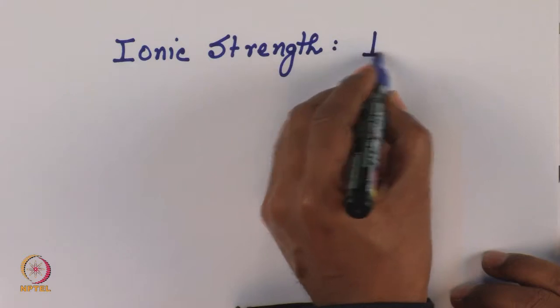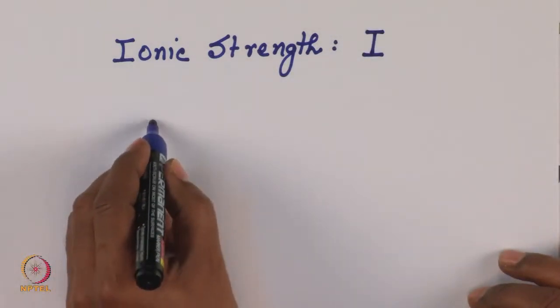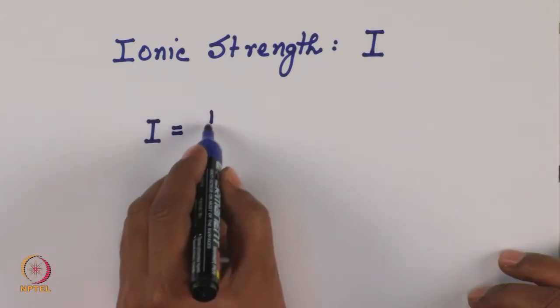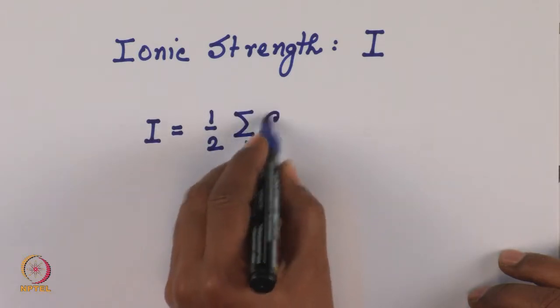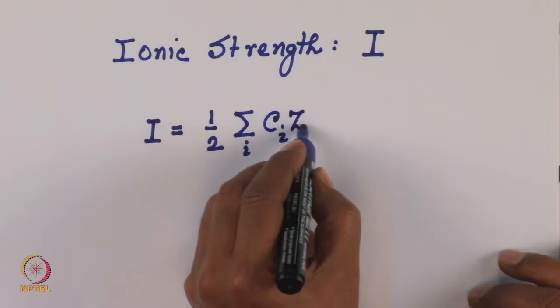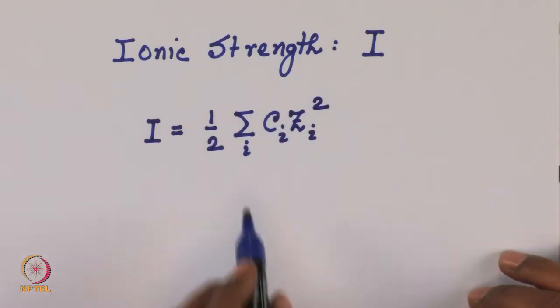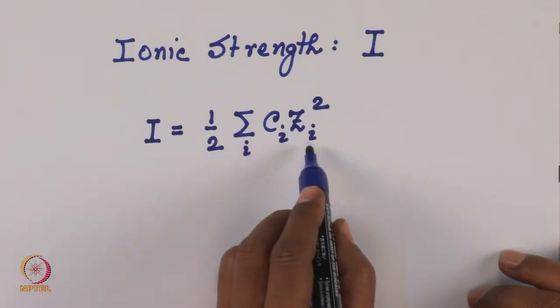Ionic strength is represented by the symbol I. And how is this I defined? This I is defined as half summation i Ci Zi square, where C is concentration and Z is charge.